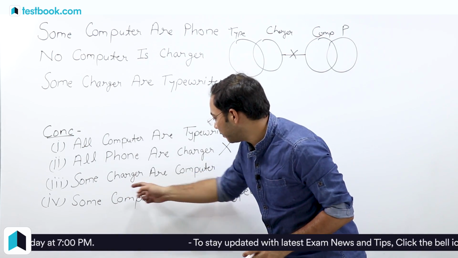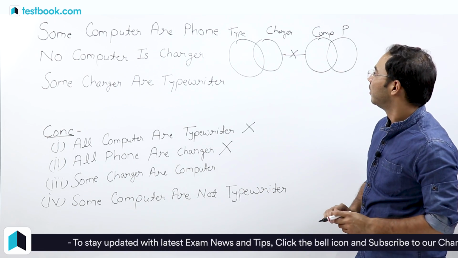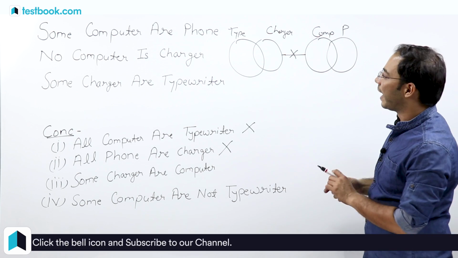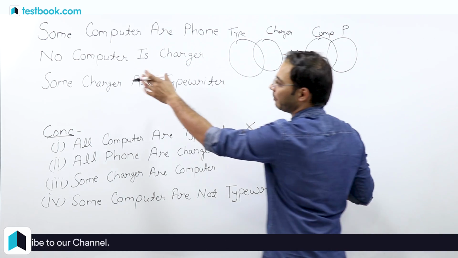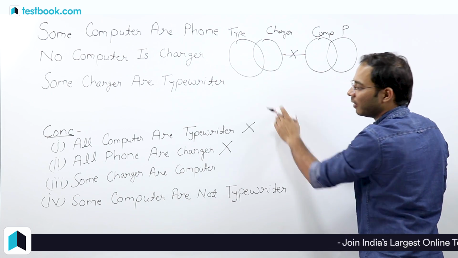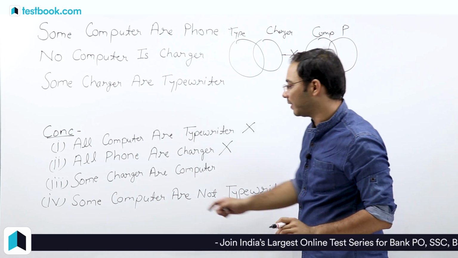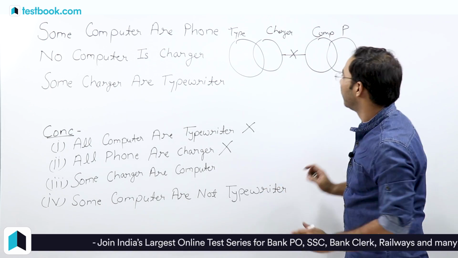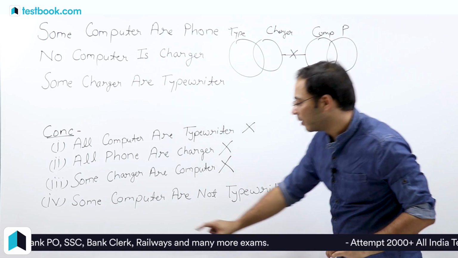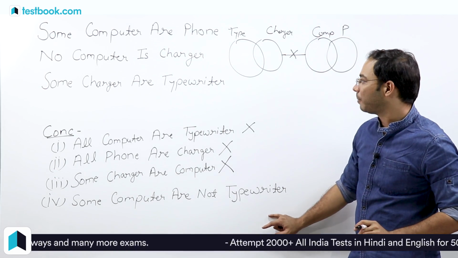Third one is some chargers are computers. Now look, charger is here, computer is here, and it is given in our statement that no computer is charger. So if no computer is charger, then there is 0% possibility that some chargers can be computers. So this will also be wrong. Last one is some computers are not typewriters.